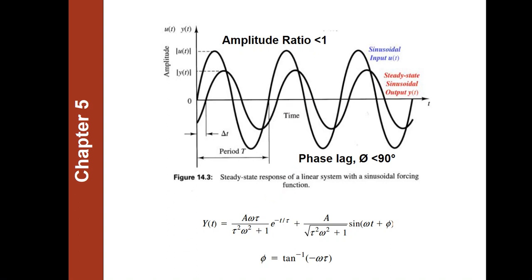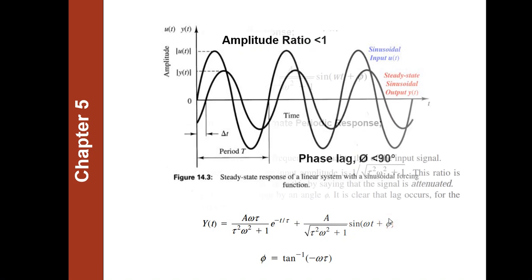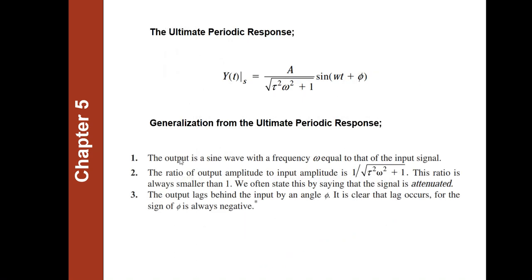Now, there are conclusions or generalizations that could be derived out of this superposition of the two graphs of the sinusoidal input and the sinusoidal output. The output, if you could see, is still a sine wave with a frequency omega equal to that of the input signal. Meaning the frequency of the output and the input are just the same. This one I've mentioned already.